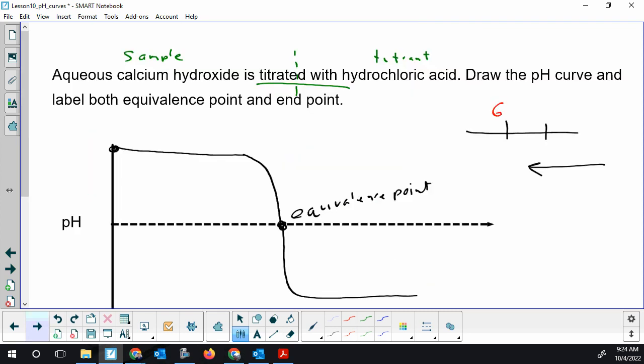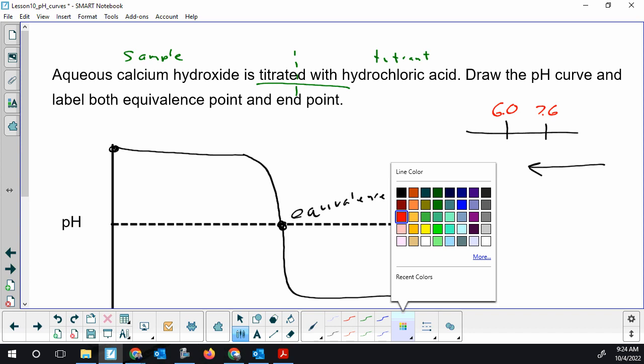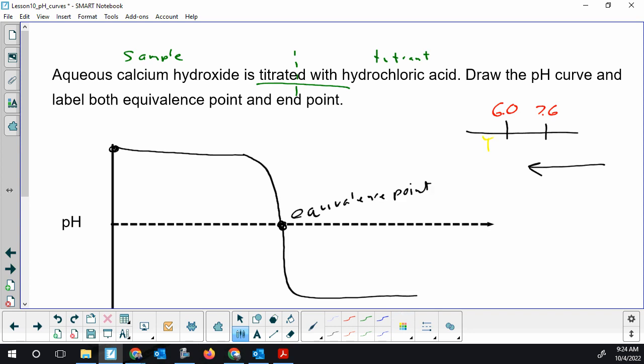So we have 6.0 to 7.6. The colors are yellow below 6. When it gets really acidic, it'll be yellow. When it's above 7.6, it's going to be blue. And when we're in the middle, yellow and blue make green.